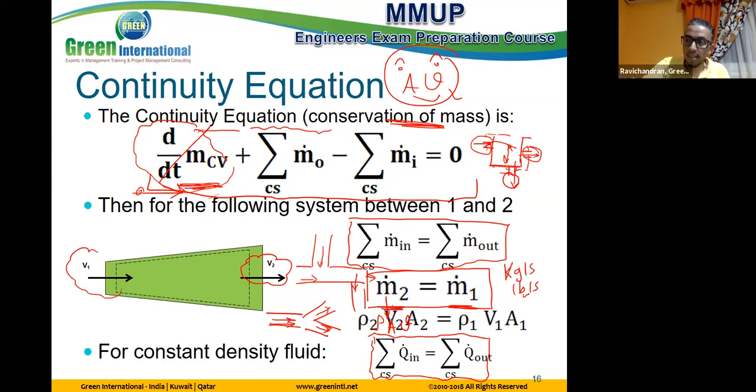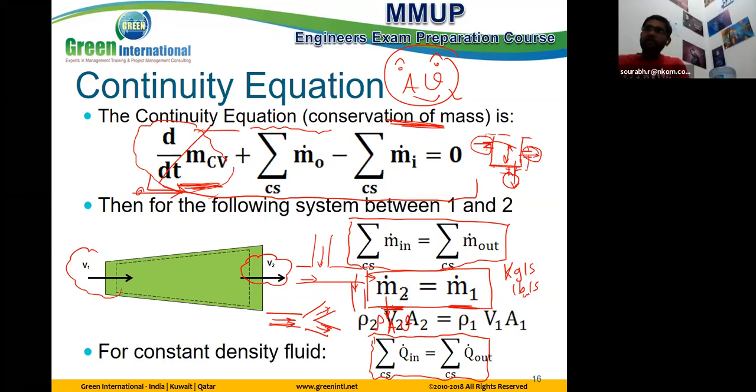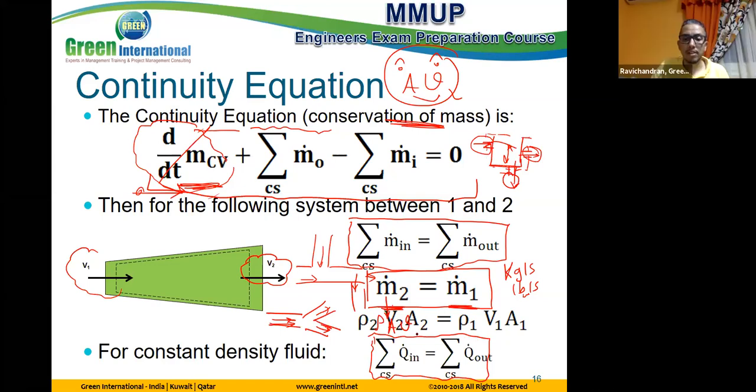It depends on whether density is in the equation or not. The density for an incompressible liquid is not 1, but it is constant.